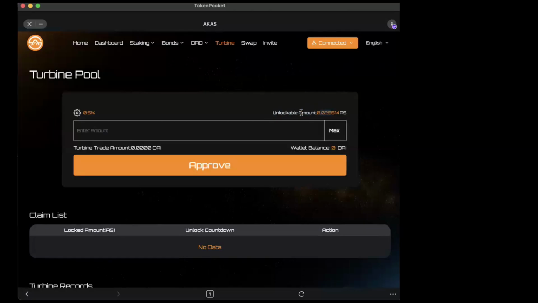Once you click max, you will see the turbine create amount is 0.64 DAI, depending on the price of the AS token. We must have the balance of DAI in the wallet. Once we approve, the DAI will automatically go to swap the AS token out.